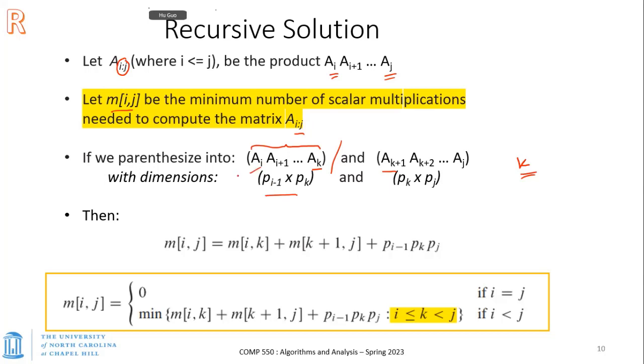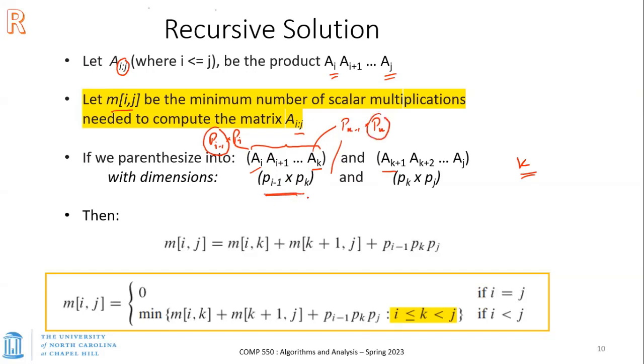So this is p_i. This is p_{i-1} by p_i. And the last matrix is p_{k-1} times p_k. And so when you multiply these, you get p_{i-1} times p_k.